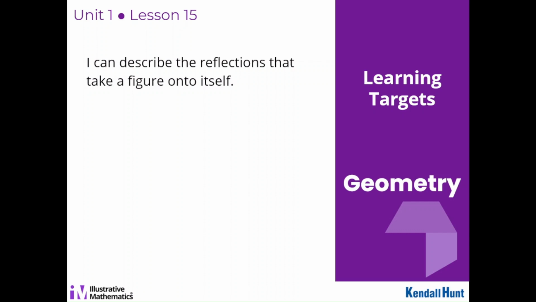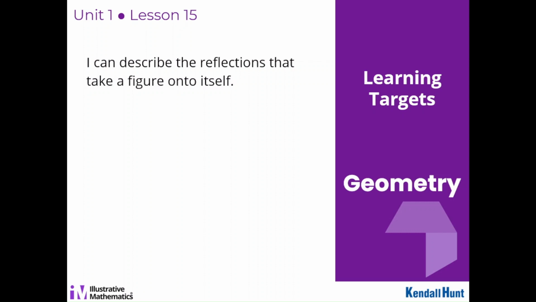But if you can see that you only have one set of lines because the two sides were laying directly on top of each other, then that is what we mean by symmetry.